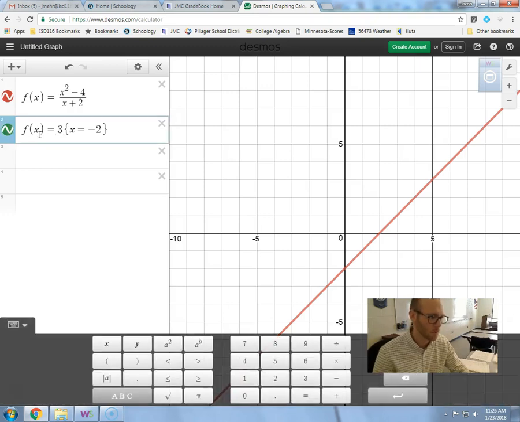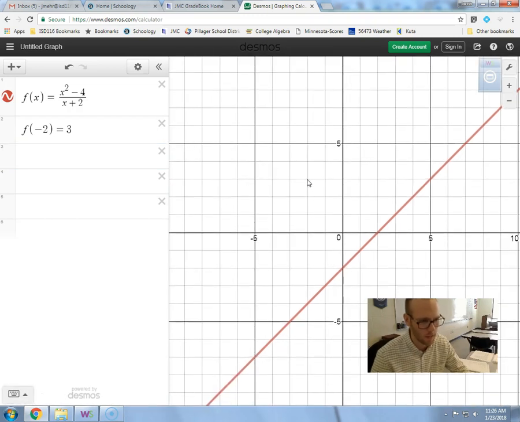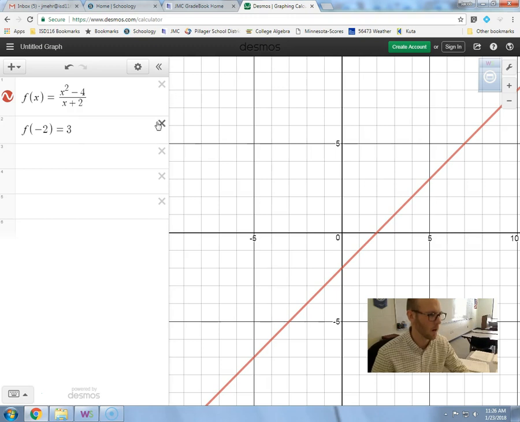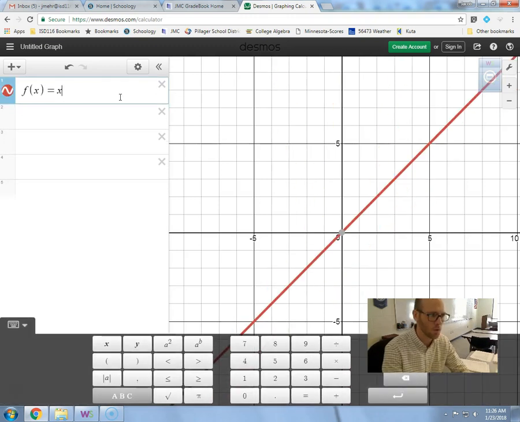Okay, maybe we don't want to write it that way. Maybe we would just want to say f of negative 2 equals 3. I don't know why it's not plotting that point. Desmos is not cooperating.